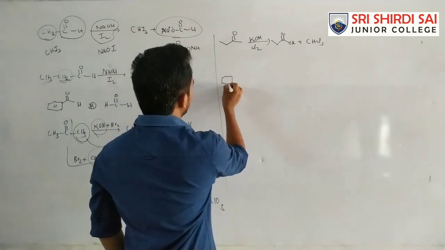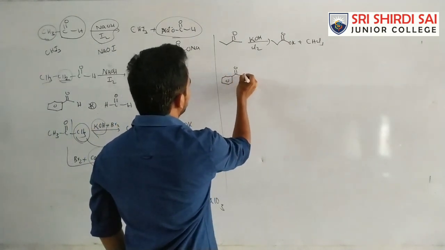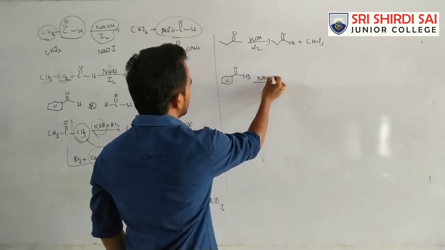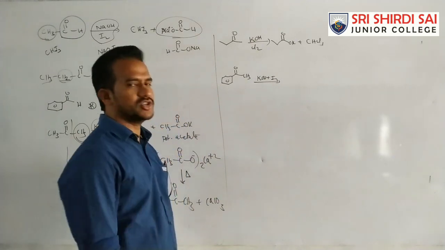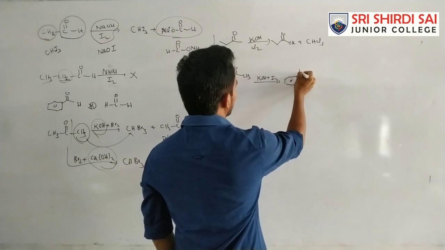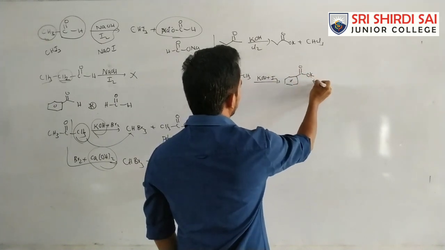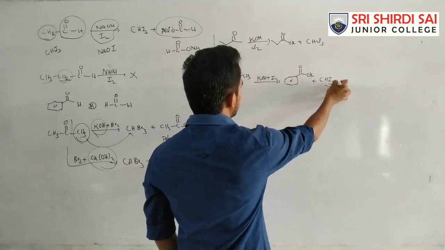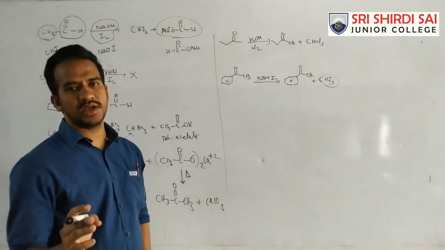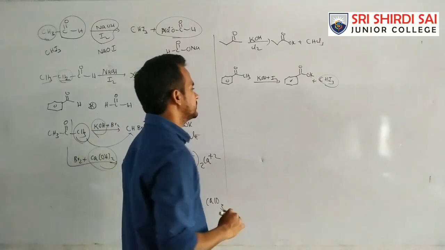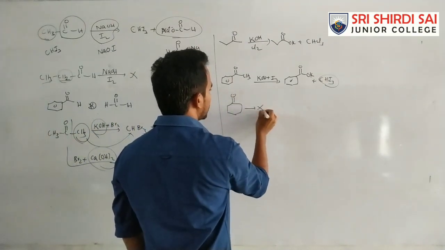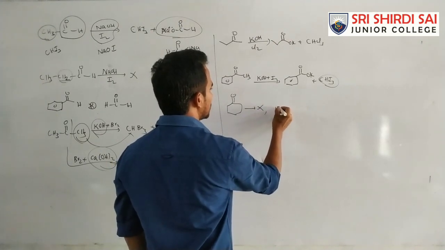Suppose acetophenone, this also can give iodoform with KOH plus I2: C6H5 C double bond O OK plus CHI3. That's it: potassium benzoate and iodoform. Any methyl ketone can give iodoform. Suppose cyclohexanone: no reaction.